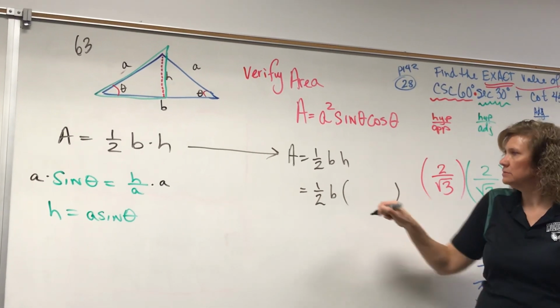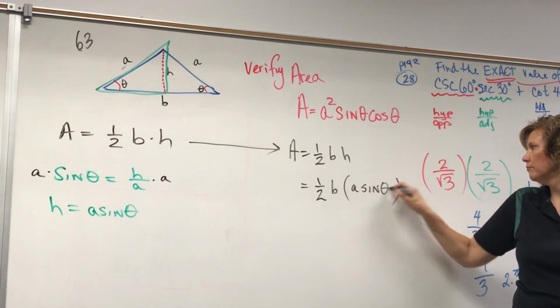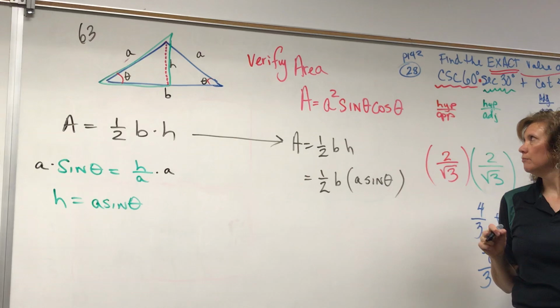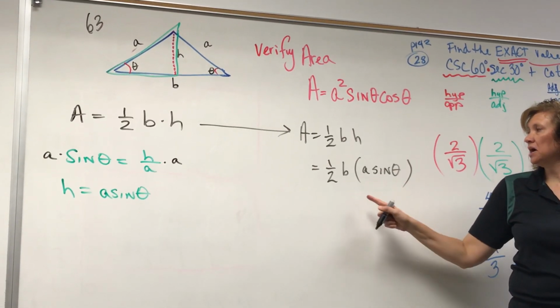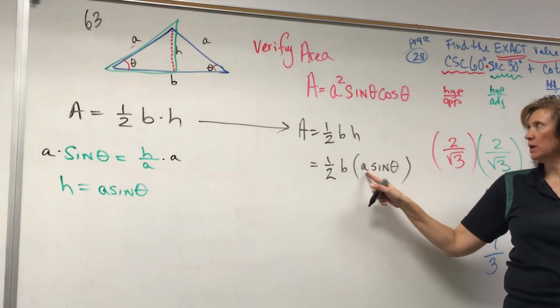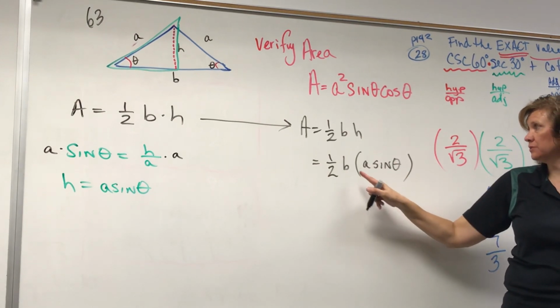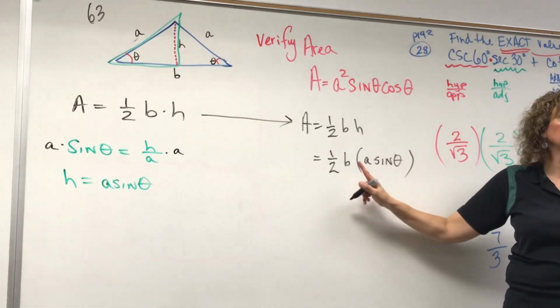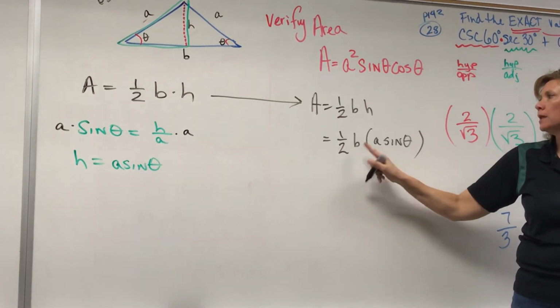The height is a sine theta. So, somehow the 1/2 is missing. We have an a and we have a trig function, but the thing that we have to get rid of is b.